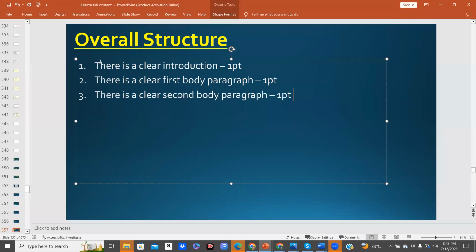Number 4, there is a clear third body paragraph. Number 5, there's a clear conclusion.